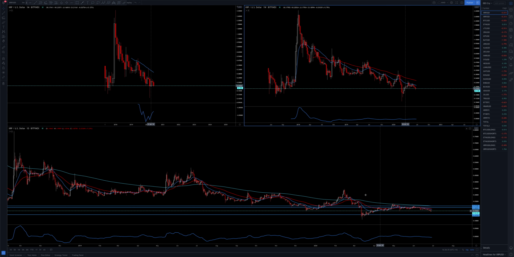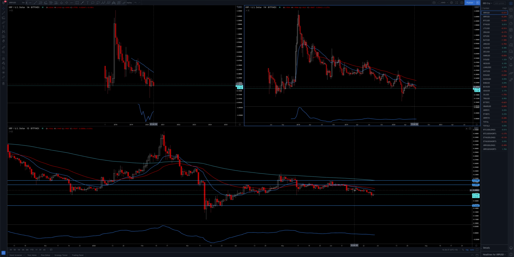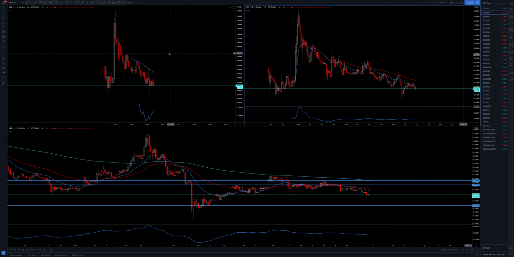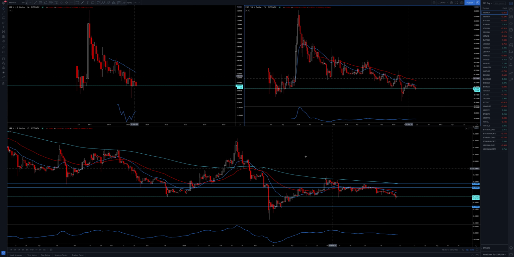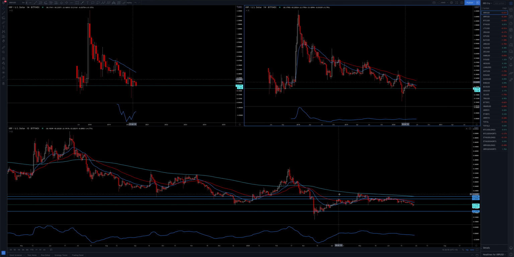XRP, I sold out all of my crypto for now, just in short positions basically in the stock market. Bit of long volatility, but yeah, I'll be looking to buy back in.